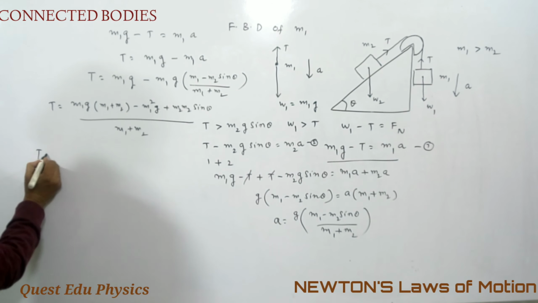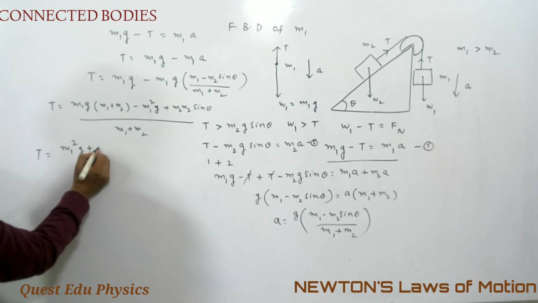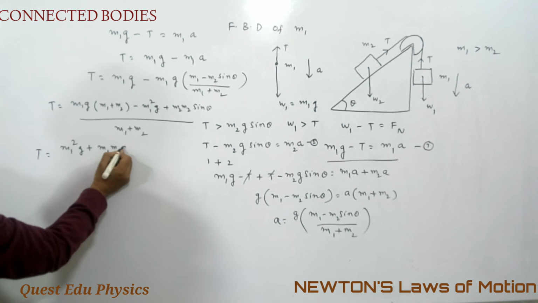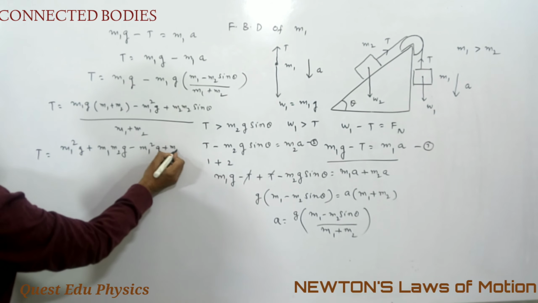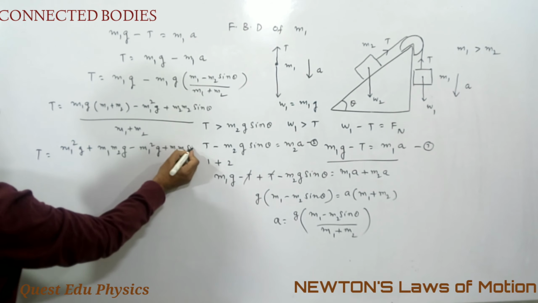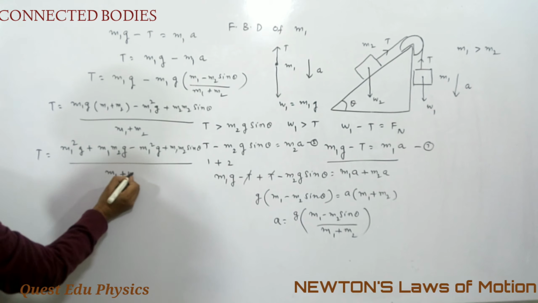And finally we can write T is equal to M1 squared G plus M1 M2 G minus M1 squared G plus M1 M2 sin theta divided by M1 plus M2.